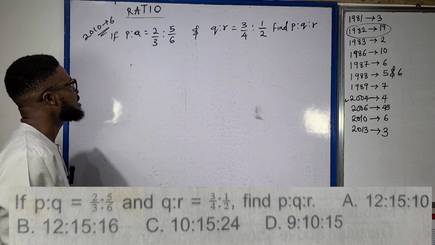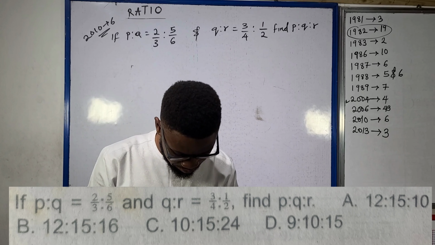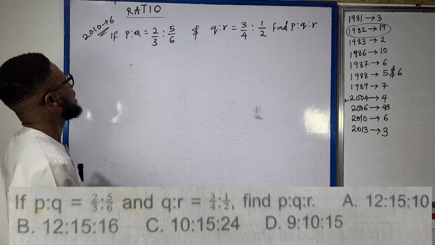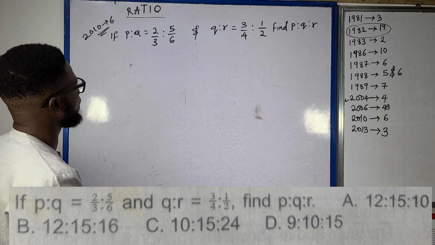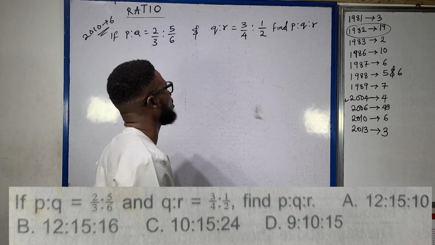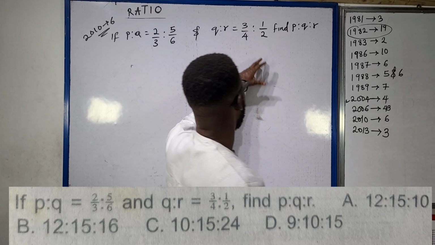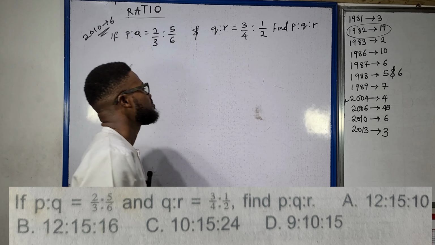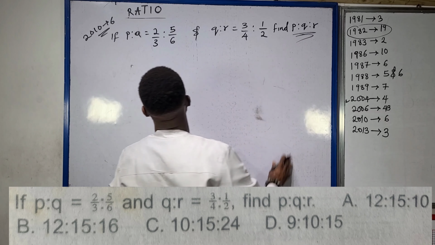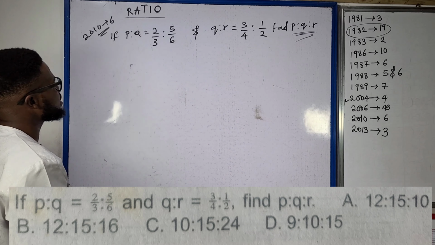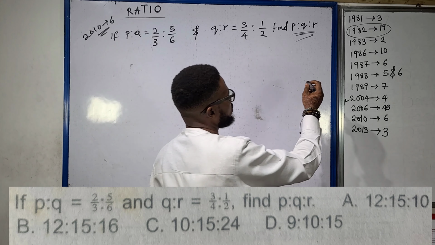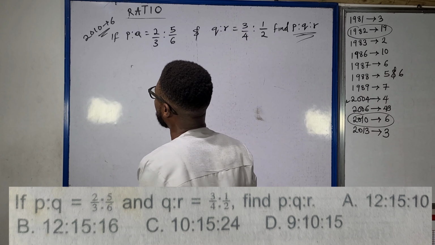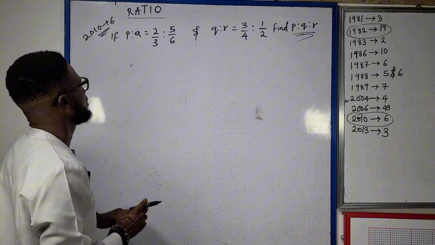The question states, as you can see on your screen, if P ratio Q equals 2 over 3 ratio 5 over 6, and Q ratio R is 3 over 4 ratio 1 over 2, find P ratio Q ratio R. Of course, this is similar to the question we took for 1982 question 19, although with a bit of a twist to this.